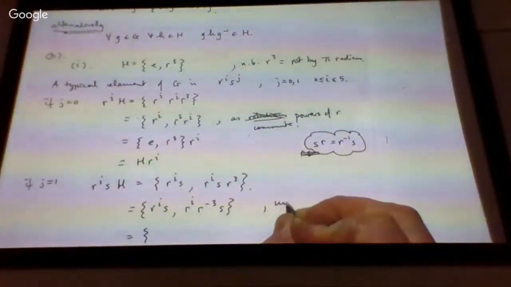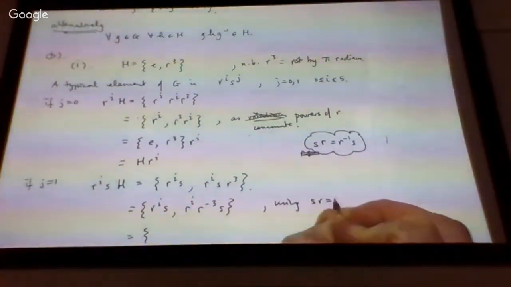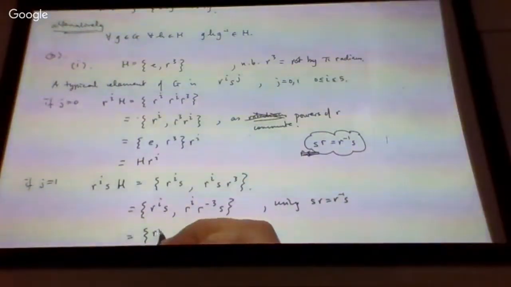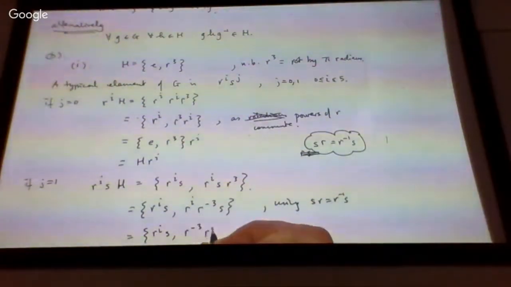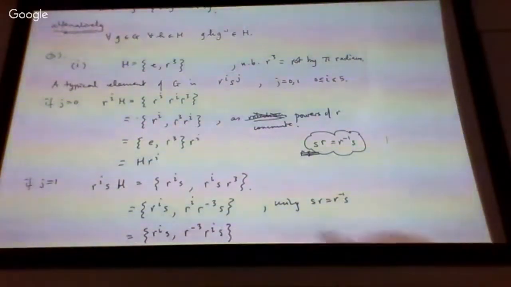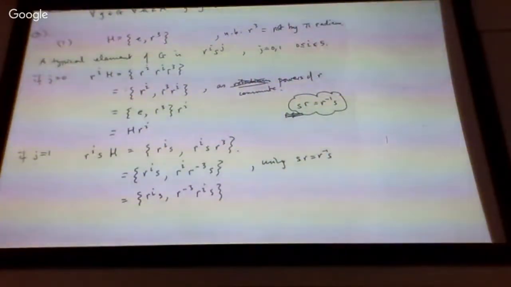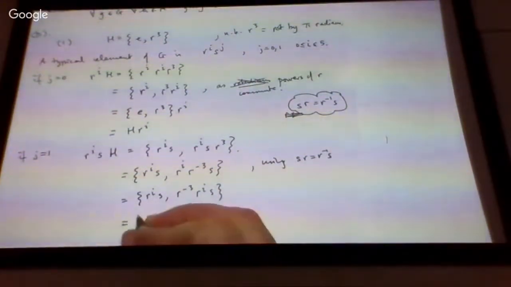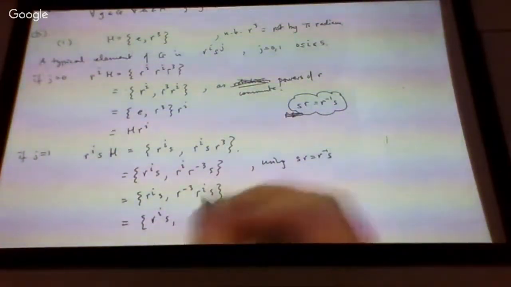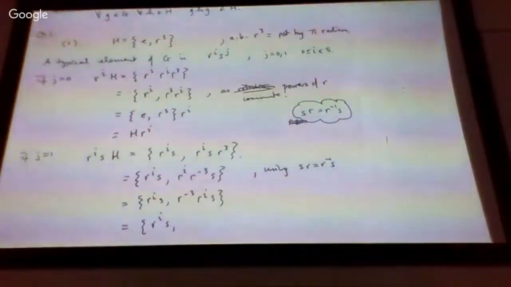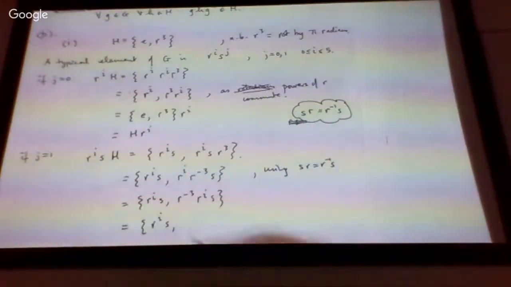So that's using sr equals r inverse s. Now we can commute the r's as powers of any element commute as before. And then lastly, you see r to the minus 3 is actually equal to r cubed. Remember, r to the power 3 is rotation by pi radians. It is its own inverse.